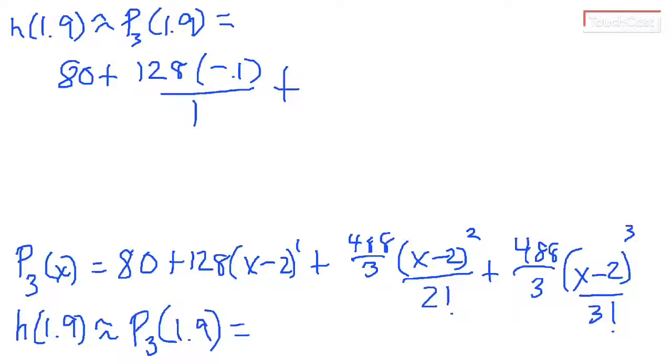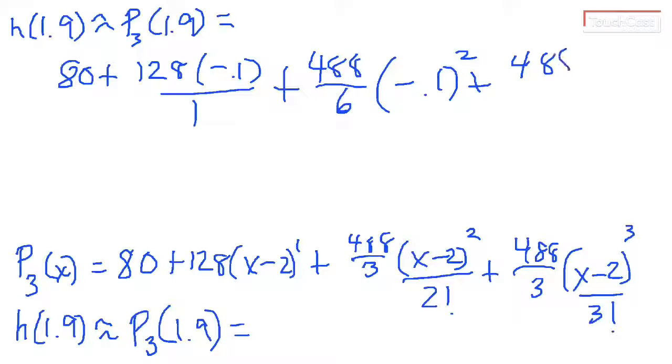I know 2 factorial is 2, so 488 over 6 times 1.9 minus 2, which is negative 0.1, squared, plus 488 over 18, since 3 factorial is 6 times 3, times negative 0.1 cubed. I could have simplified that even less and still received full credit. If you type this into your calculator, you're going to get 67.988 to 3 decimal places.